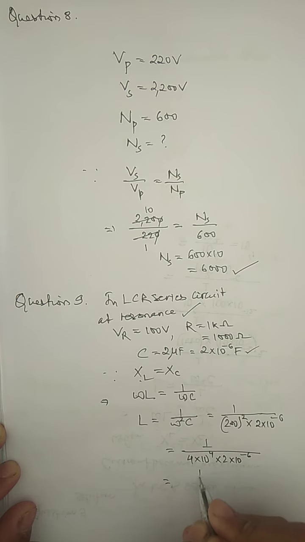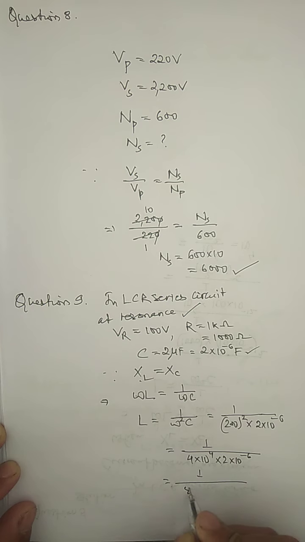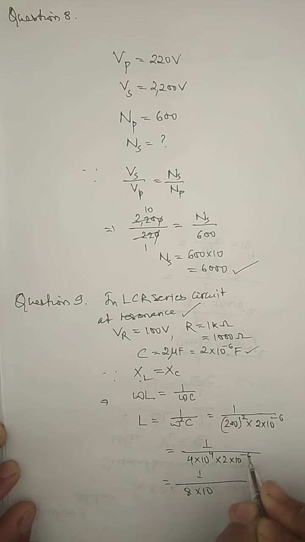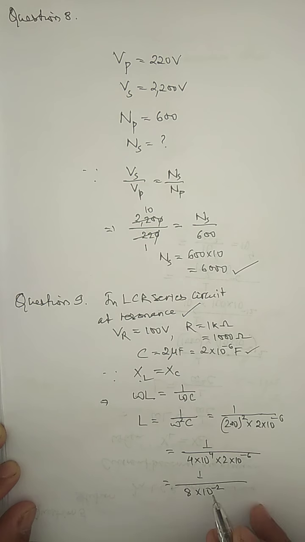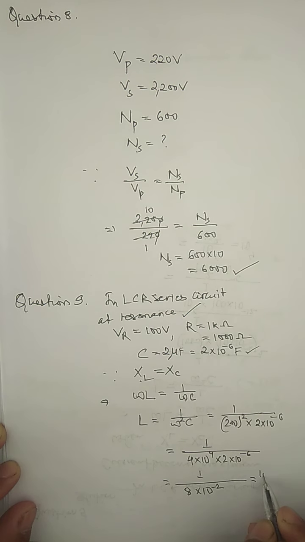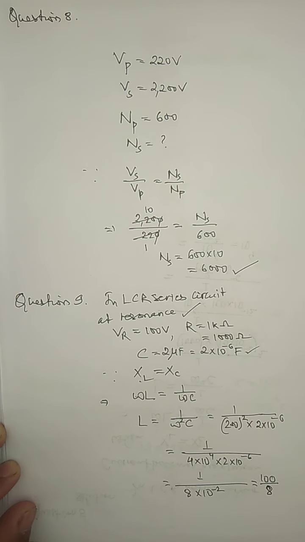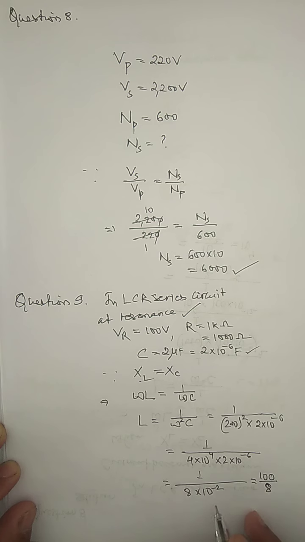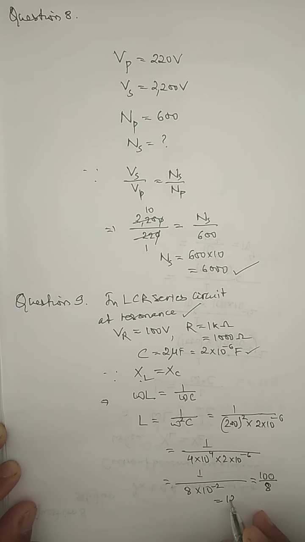So this will be 1 by 8 into 10 to the power 4 minus 6, which is 10 to the power minus 2. Taking 10 to the power minus 2 in the numerator gives 10 to the power 2, so 100 divided by 8. If you divide 100 by 8, it will be 12.5, and the unit is Henry.